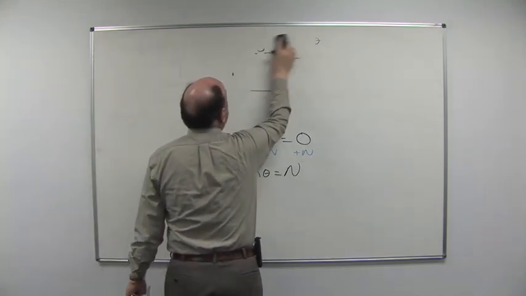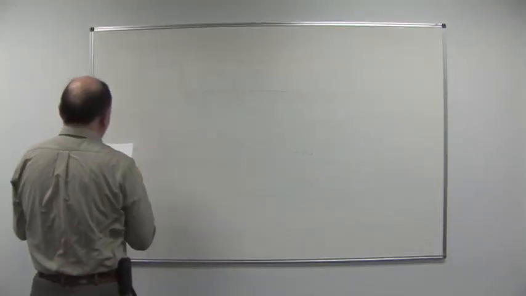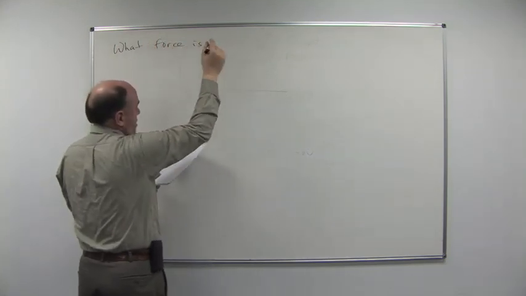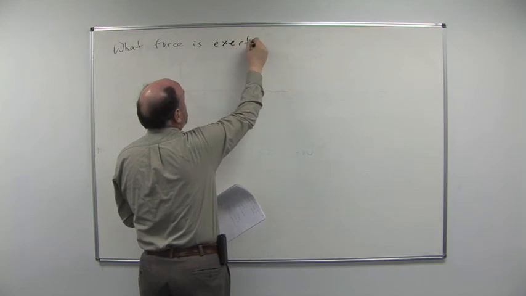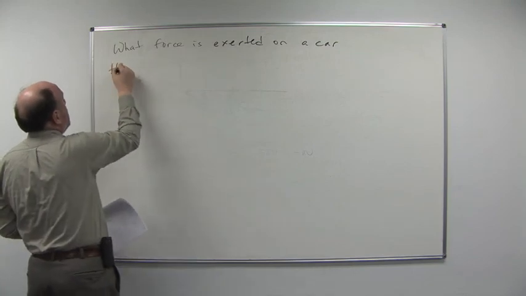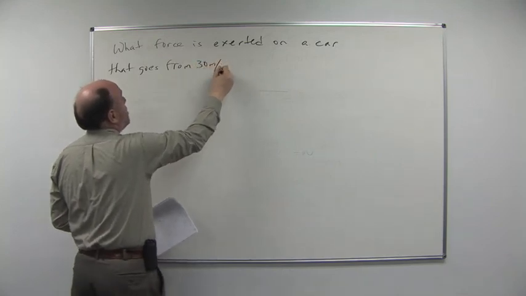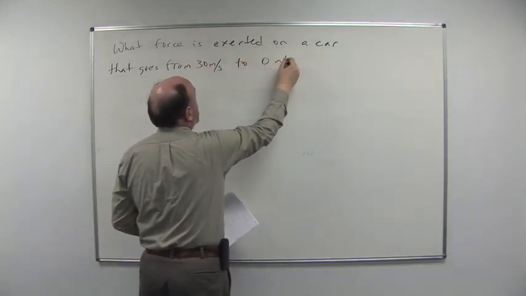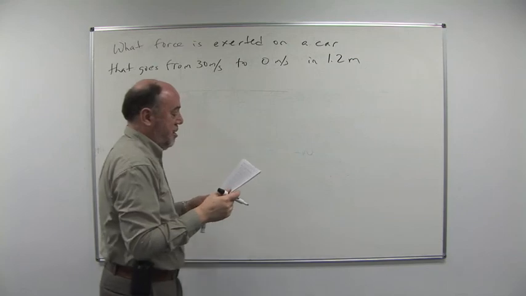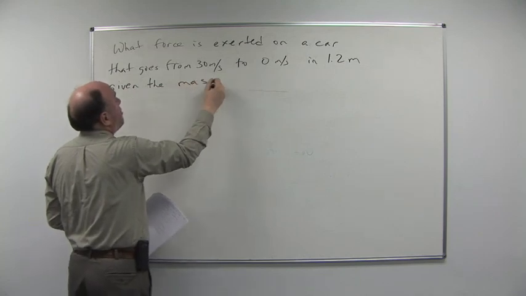The first one: we want to figure out what force is exerted on a car that goes from 30 meters per second to 0 meters per second in 1.2 meters, given that the mass is 1,200 kilograms.